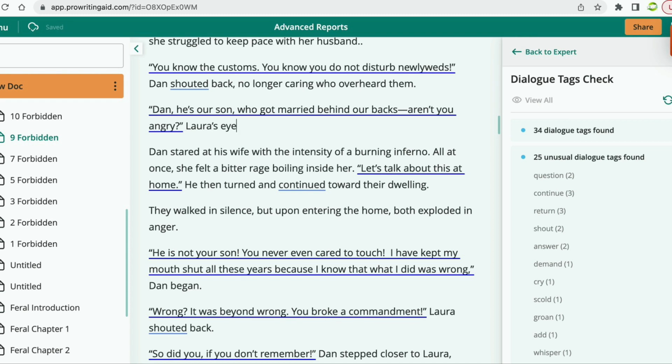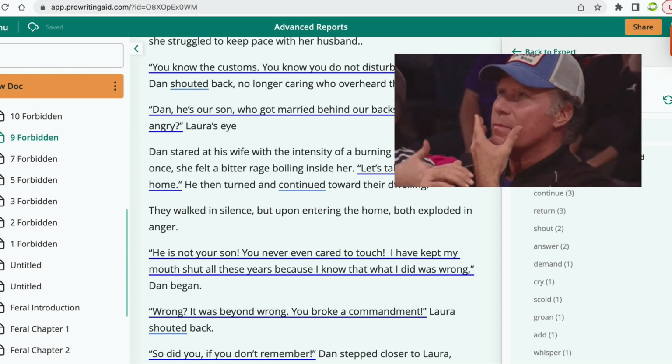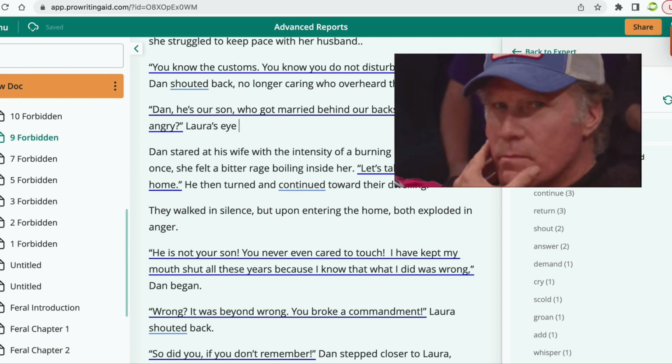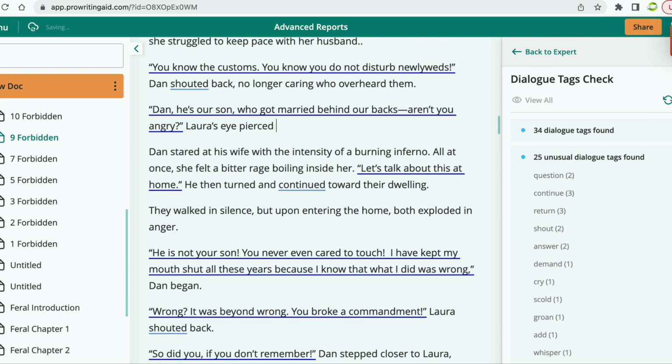Laura's eyes pierce through Dan's. Oh, yes, we'll just go with that.